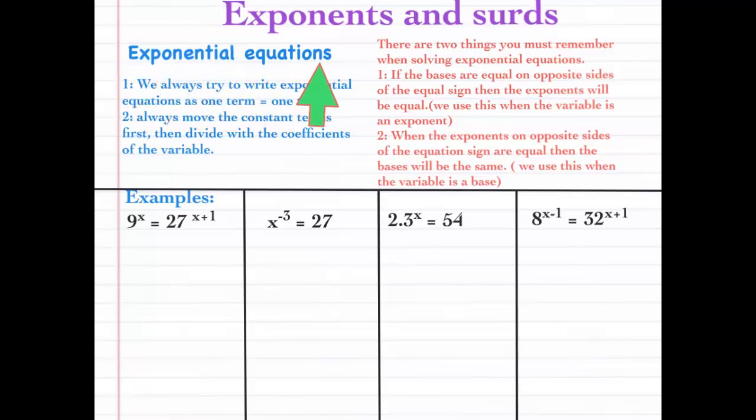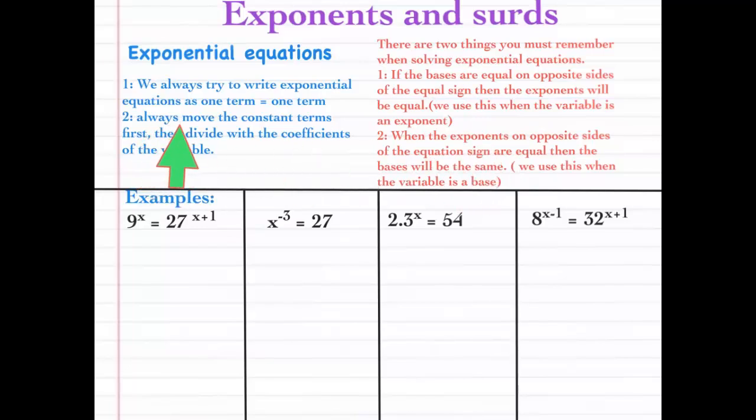Now when we're busy with equations, there are a couple of steps that we always follow. We have to remember that if we are busy with exponential equations, we always try and write it as one term equals one term. Always move the constant terms first, then divide with the coefficients of the variable, and then we go and do this red part.